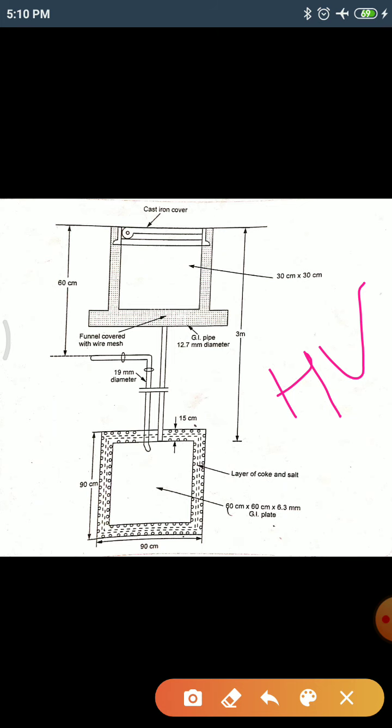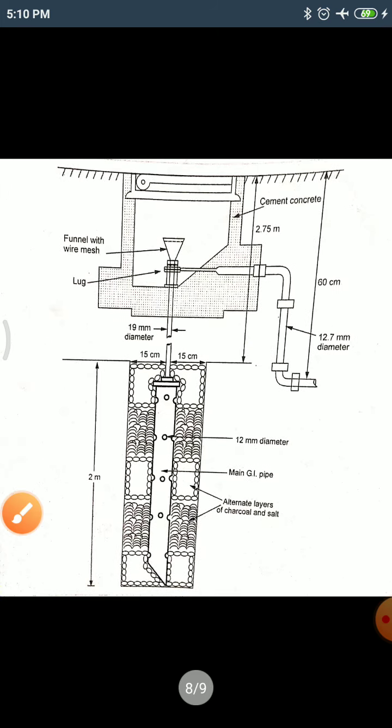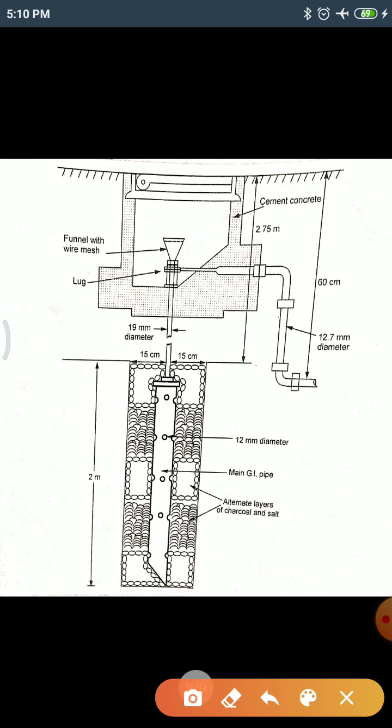Pipe earthing is used commonly everywhere, including domestic. Now let's see how it is constructed. This is the pipe earthing.